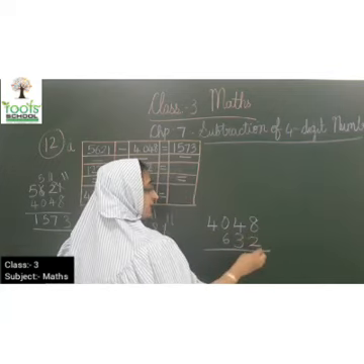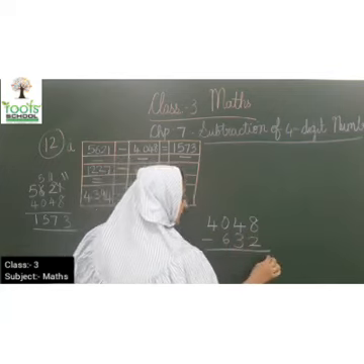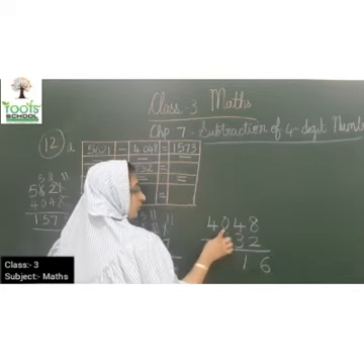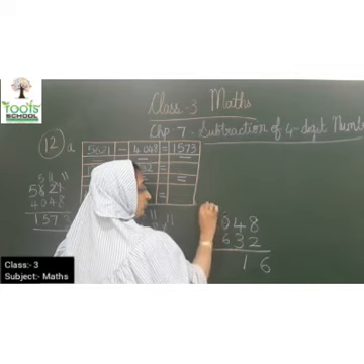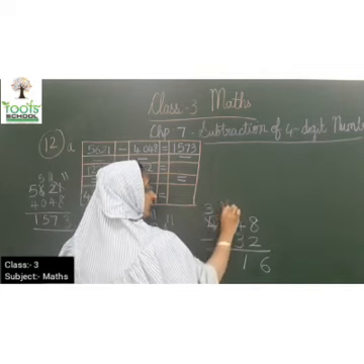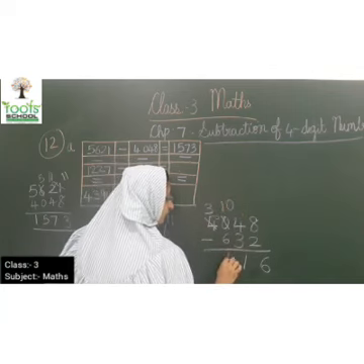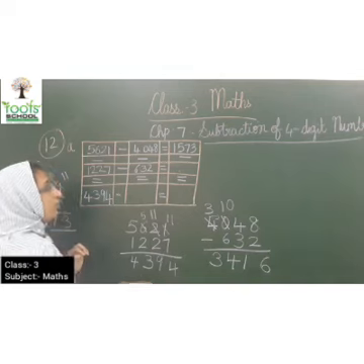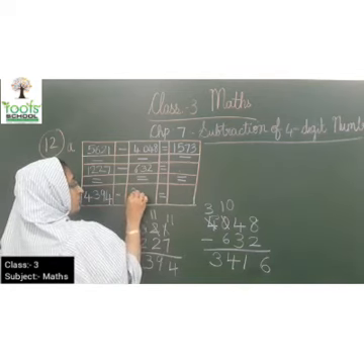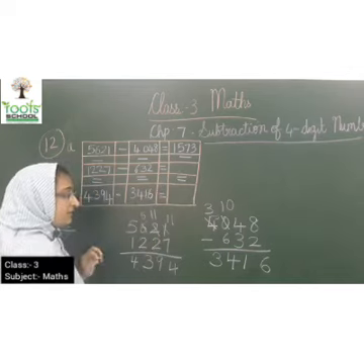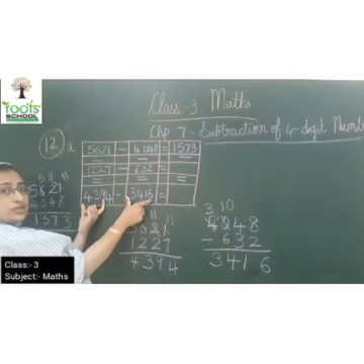Now let's solve this. 8 minus 2 is 6. 4 minus 3 is 1. 0 cannot because it's smaller, so we will borrow 1 from here. So this will become 10. 10 minus 6 is 4 and 3. So what's the answer you got? 3416.